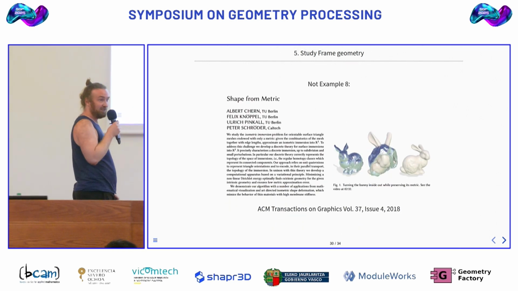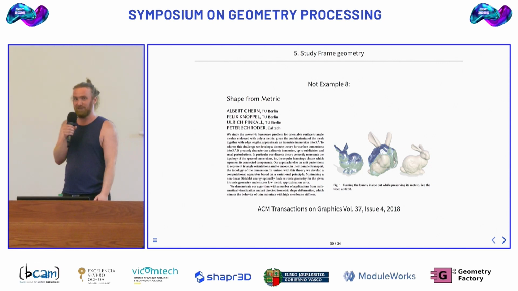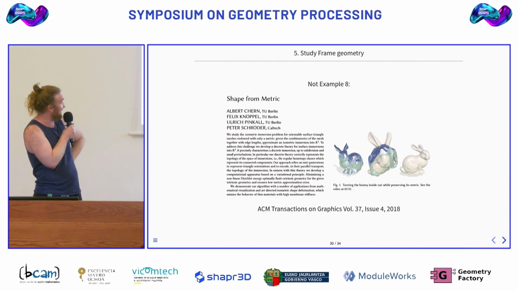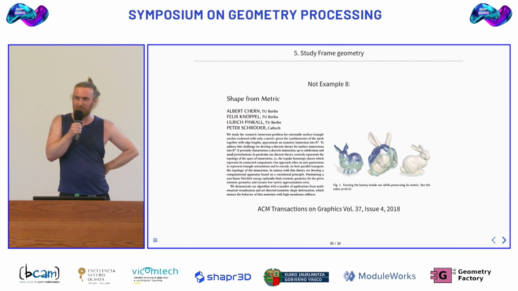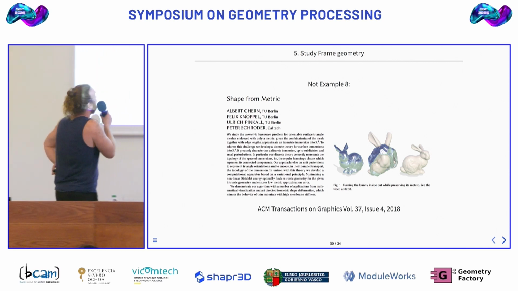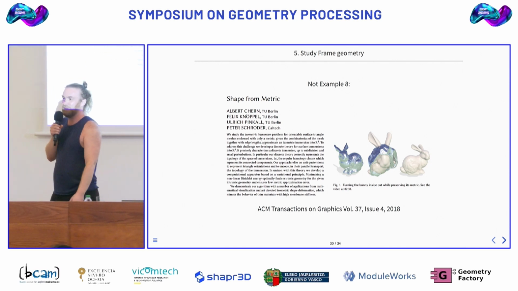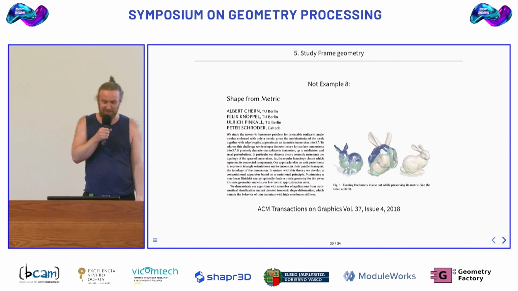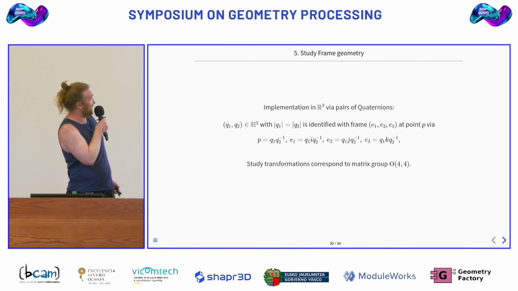I wanted to use shape from metric as an example, because I've seen some very nice talks, and I've talked a lot with Albert about this. But it's not really an example of this frame story, because in the first sentence of the abstract they talk about isometric immersions, and that means we're not in this conformal setting.